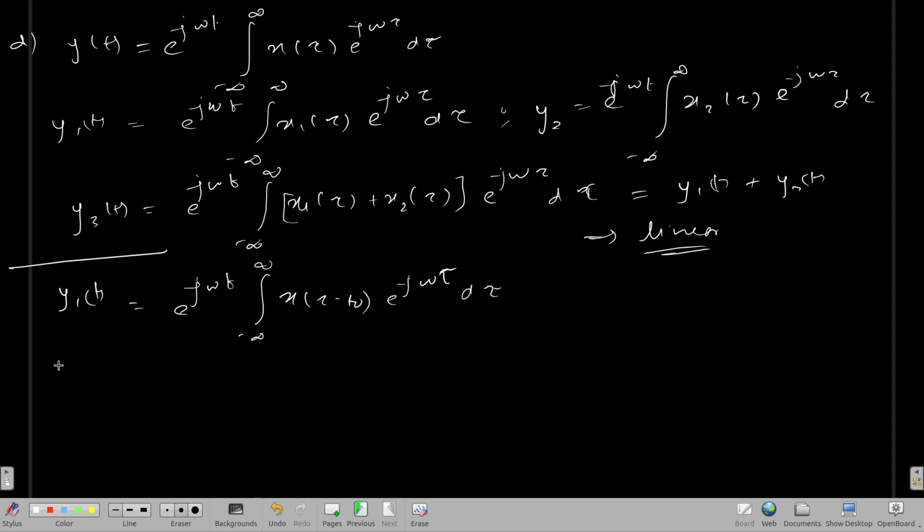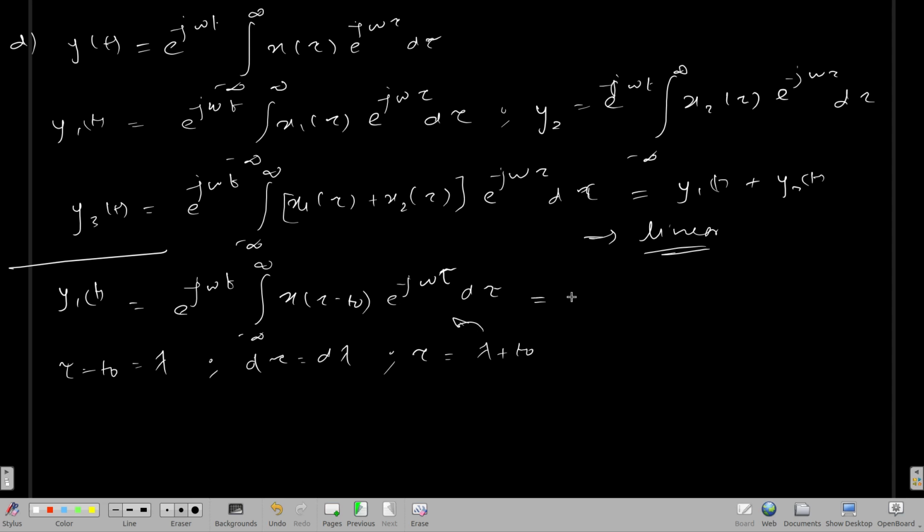Okay, so when we are changing the variable, tau minus t0 equal to lambda, which implies d tau equal to d lambda, and also tau is equal to lambda plus t0. Since tau minus t0 equals lambda, as tau tends to infinity, lambda also tends to infinity, and as tau tends to minus infinity, lambda will also tend to minus infinity. So when we substitute here, what will this be?